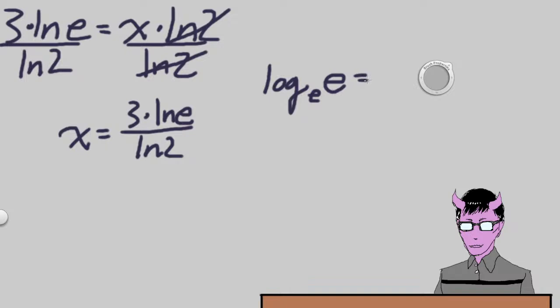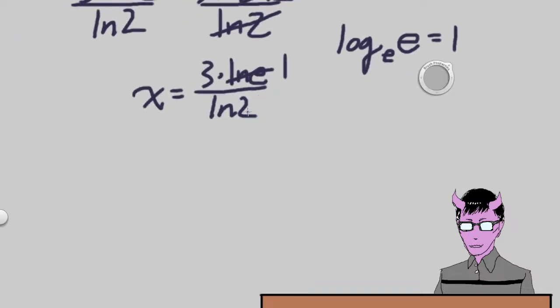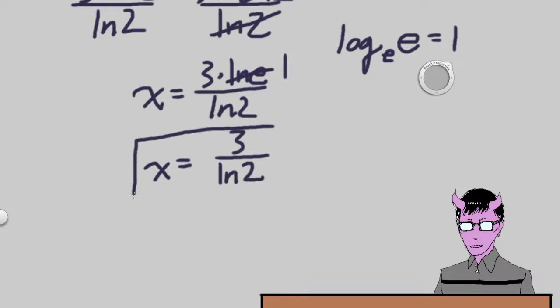Or if you don't care for such memorization, e to the power of what yields e? Well, anything to the power of 1 gets itself, right? So thus we can cross this out, and that just becomes 1. So final cleanup, we have x is equal to 3 over natural log of 2, and then we're done.